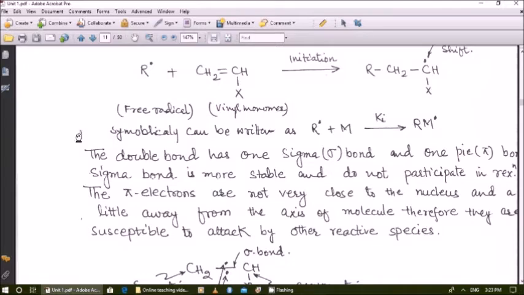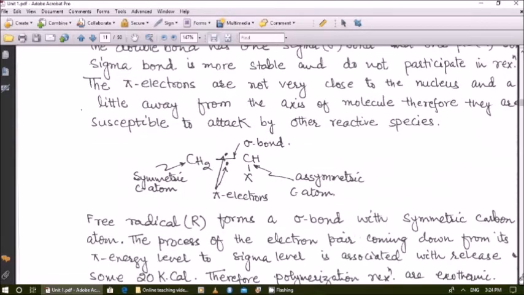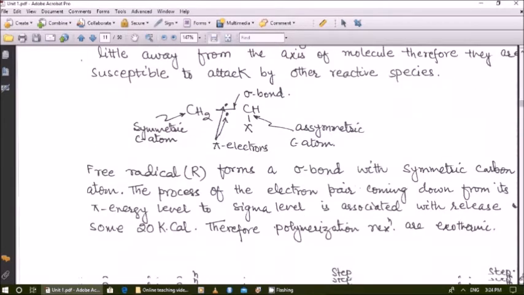The double bond has one sigma bond and one pi bond. The sigma bond, we know, is more stable and does not participate in the reaction. The pi electrons are not very close to the nucleus and are a little away from the axis of the molecule. Therefore, they are susceptible to attack by other reactive species.